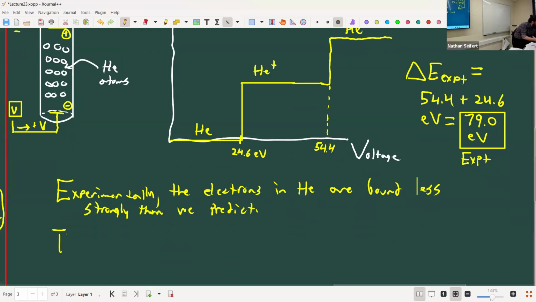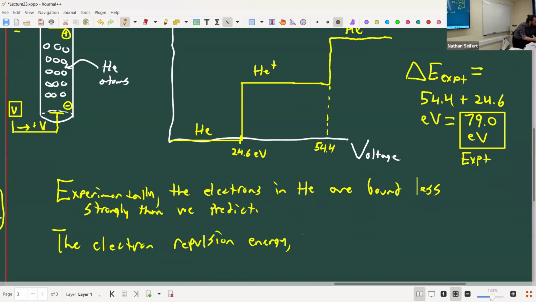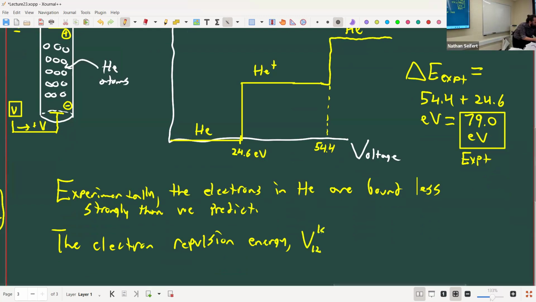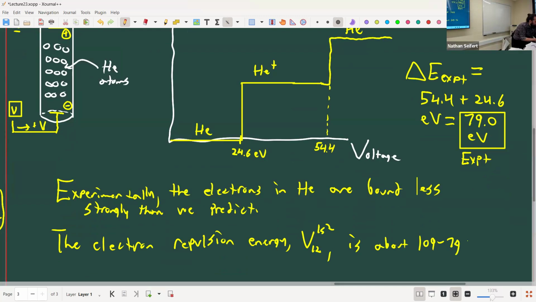Okay, so the electron repulsion energy V12 for the 1s2 state is about 109 minus 79 eV, which is about 30 eV. That's a lot of energy.